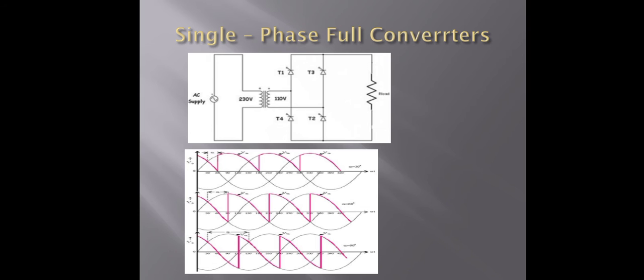When the gate pulse is given to the thyristors T3 and T4, they get turned on and begin conduction, that is the on state of T3 and T4.